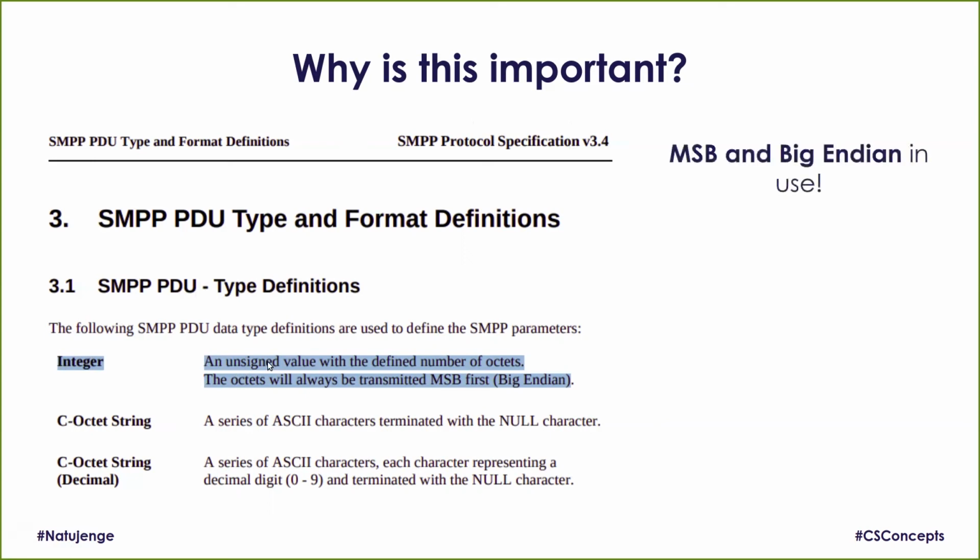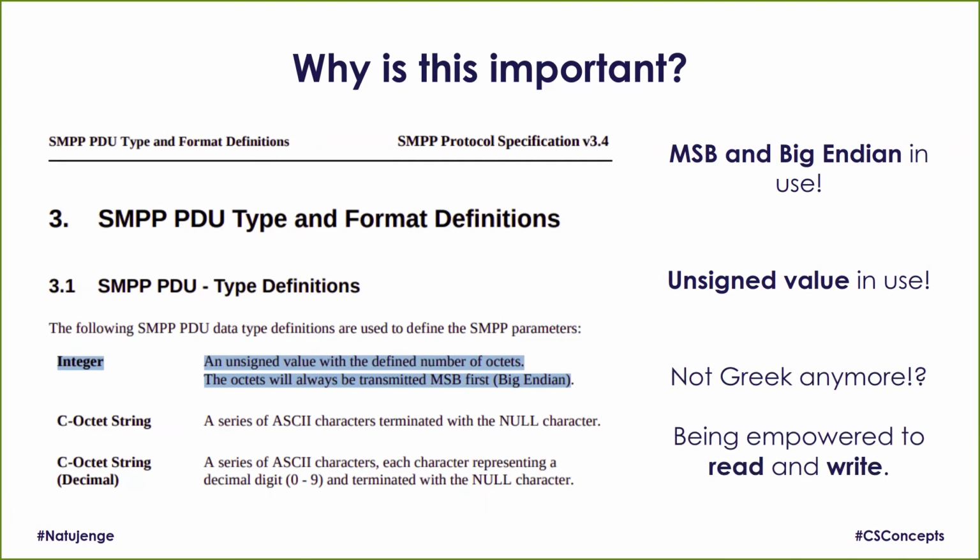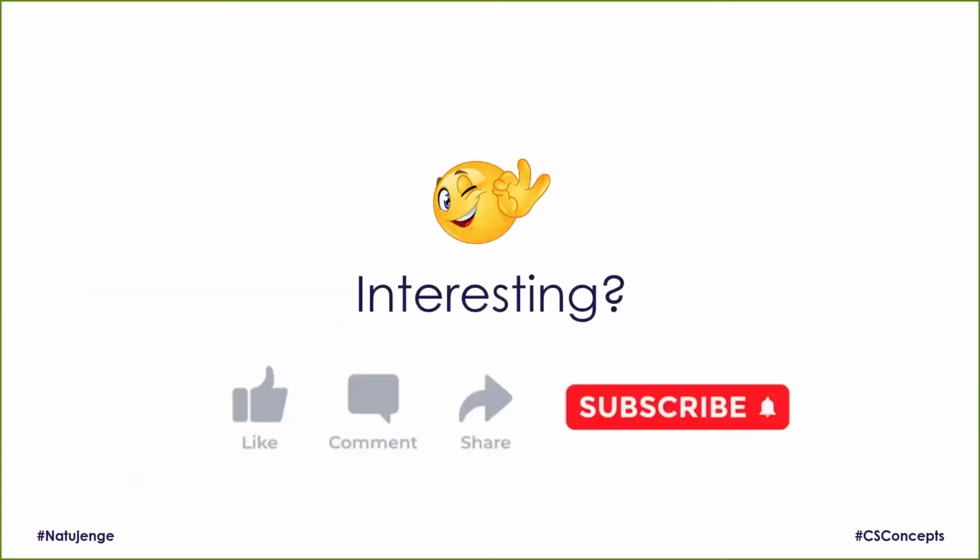You can see an unsigned value that is defined with a defined number of octets. The octets will always be transmitted MSB first, or big endian. So you have seen MSB and big endian in use. You've also seen unsigned value in use. And this is not Greek anymore. So basically what I am trying to do is to prepare you to read these specifications and write code that conforms to this specification. And that brings me to the end of this episode.